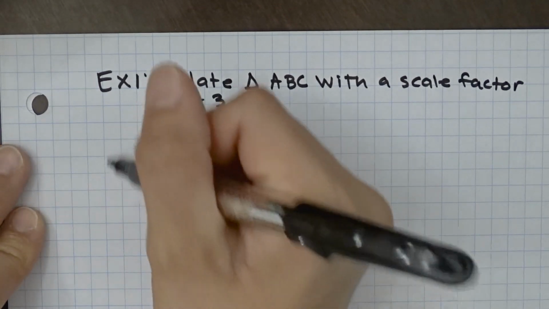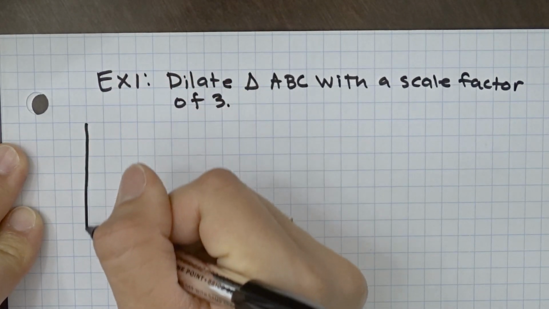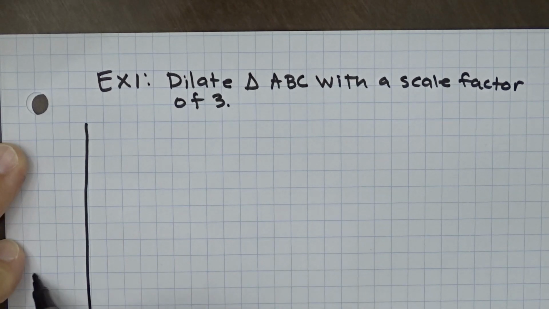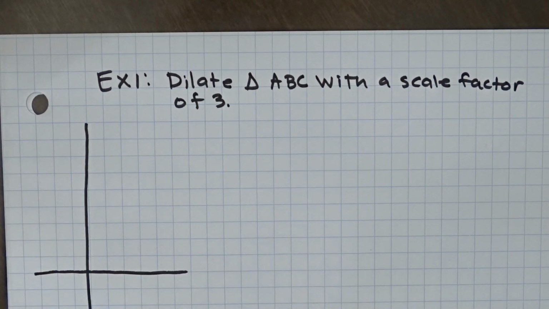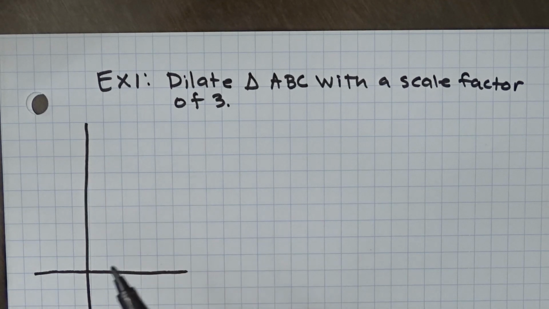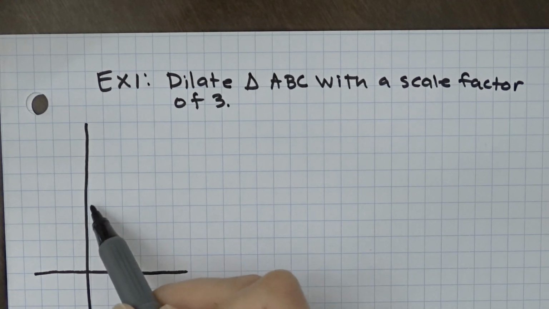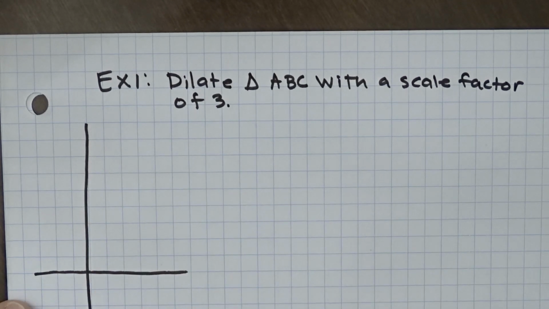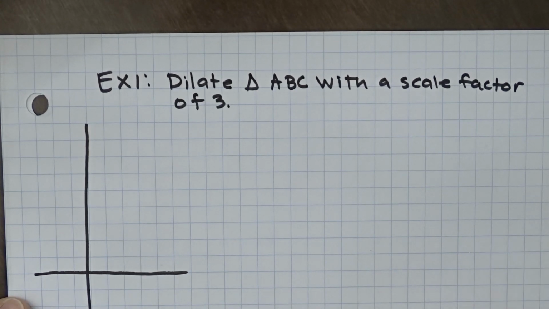And we're going to have to graph the original image so we see what it looks like, and then our final image. Might not be big enough, but we'll see. Okay, we're good. All right, so when you do dilations, the rule is very simple.